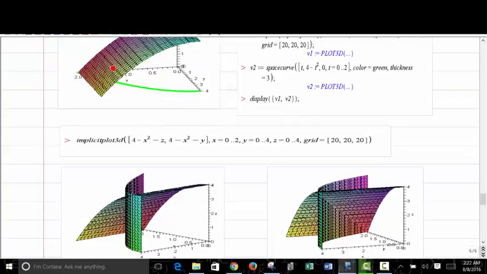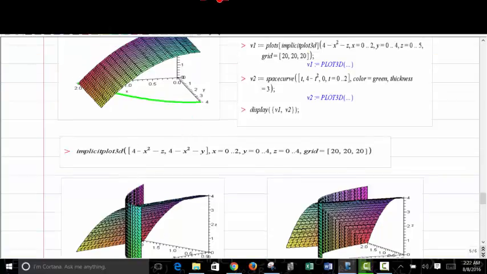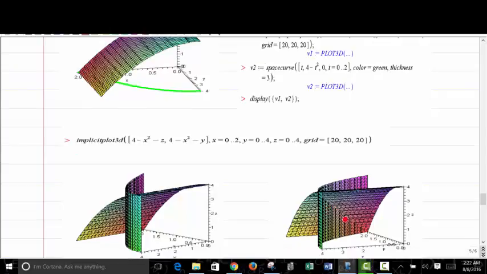This green line is the y equals 4 minus x squared, but I went ahead and made it three-dimensional and lifted it up. The one that's curving like this, going that way, that's the z equals 4 minus x squared, and this one coming along here is y equals 4 minus x squared. And then you see they kind of cross right there. Maybe that's why I did that, to show that it is cutting into that.